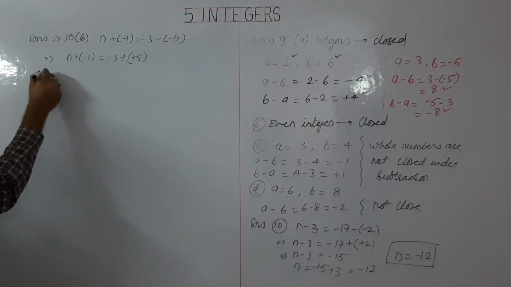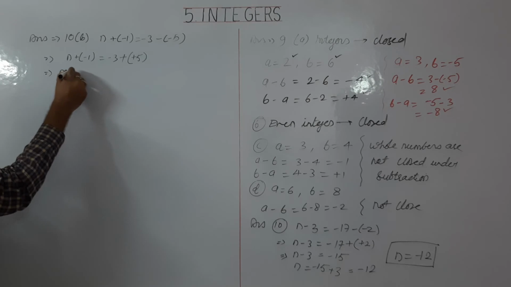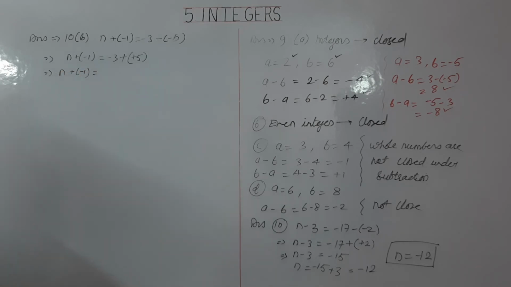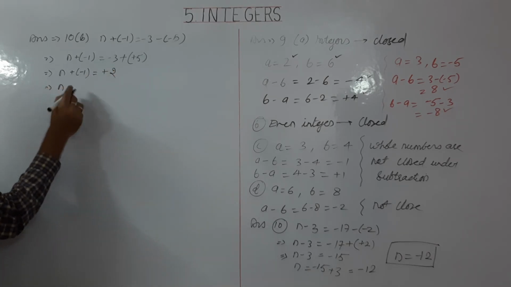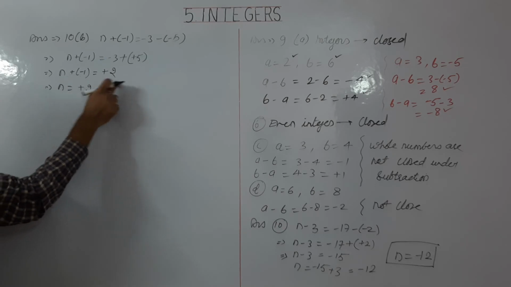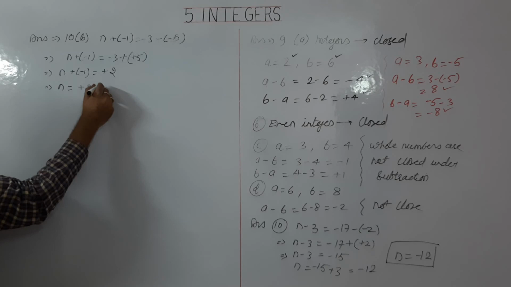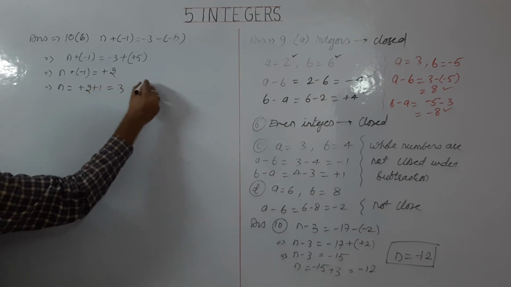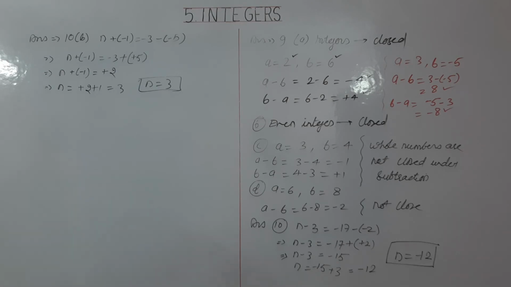Again n plus minus 1, and minus 3 plus 5, which is plus 2. In the next step, after changing its place from left to right, negative 1 becomes positive 1. So the value of n is 3. N is equal to plus 3.